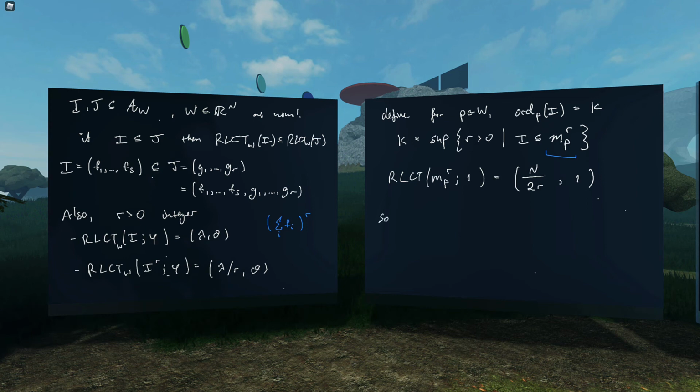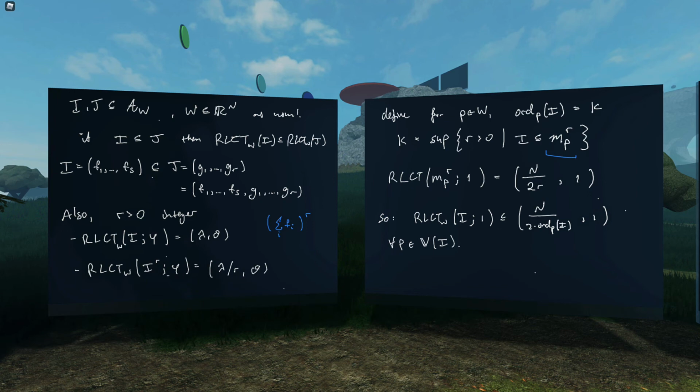And so the RLCT will be less than or equal to the dimension over 2 times the order at P of I, for all P in the vanishing locus.